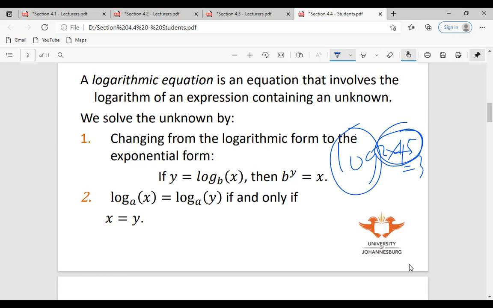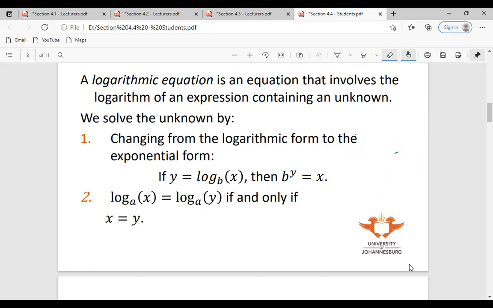Okay, so similarly, just like the exponentials, the log functions will always come to you in any of the following two forms.